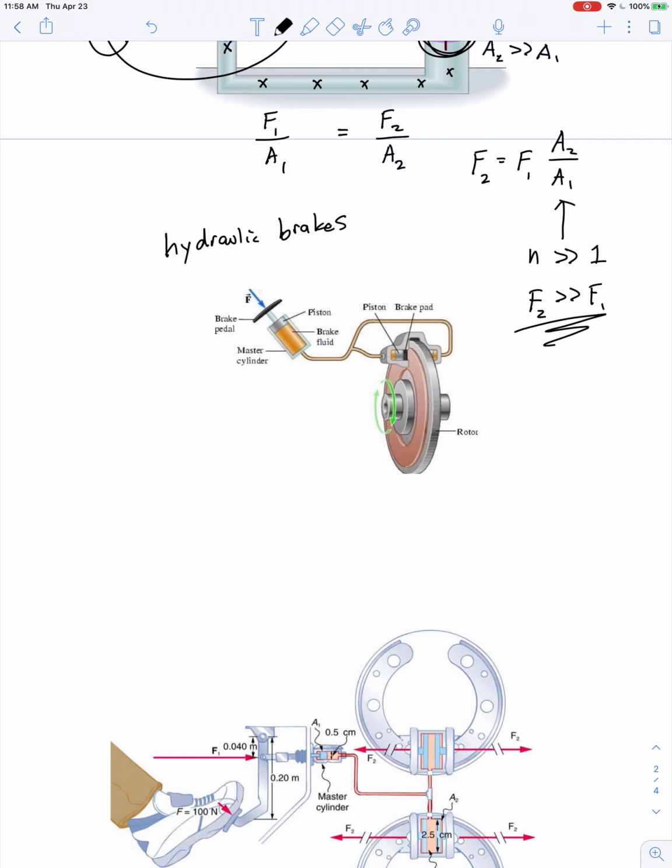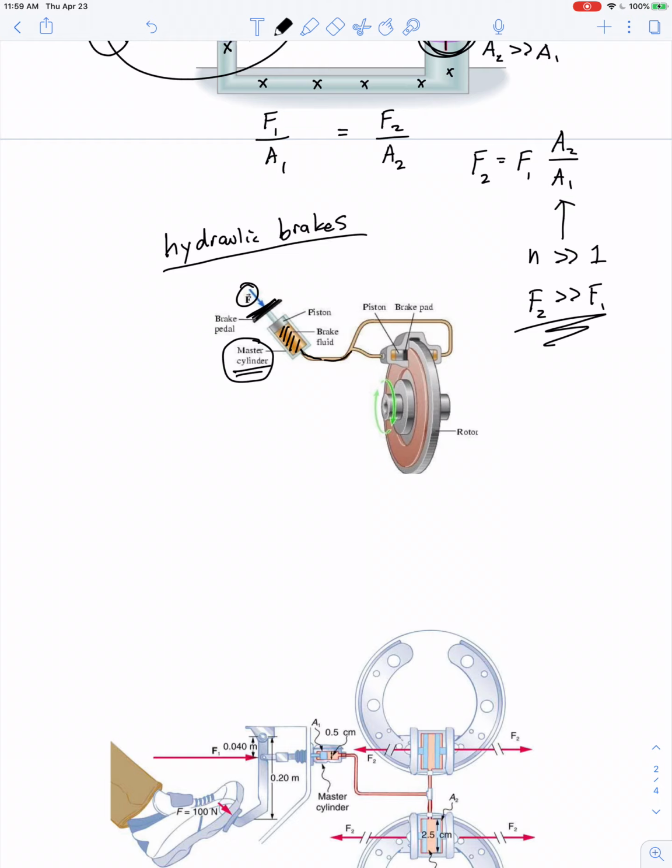More and more cars on the road are controlled by what they call drive-by-wire, but standard mechanical systems use hydraulic braking systems where a master cylinder sits not far from the brake pedal. So your foot pushes with the force F, and that compresses an enclosed fluid in a master cylinder.